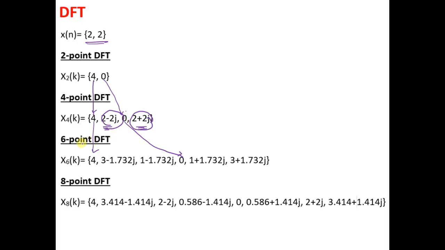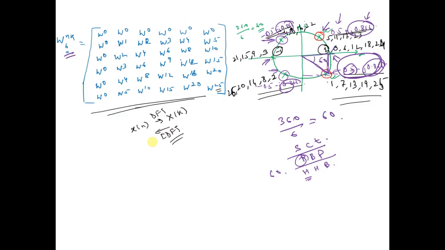My question is that, see, from x2 to x6, we are having only 2 points. However, these points have not been carried forward in the 6-point. Other two important things are there now. We are not being able to see that. Now, why is that so? The answer lies in these charts.